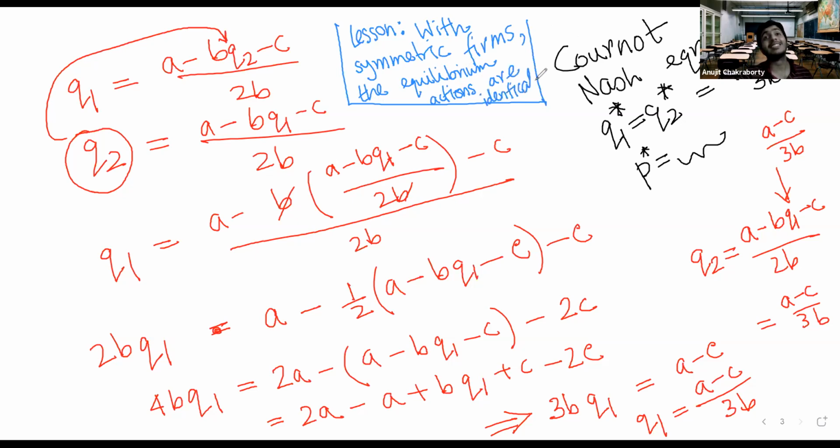They're going to take the same action in equilibrium. As you can see, they did. It's quantity competition, so actions basically mean quantity, and they produce the same quantity. So that's a good trick to know.